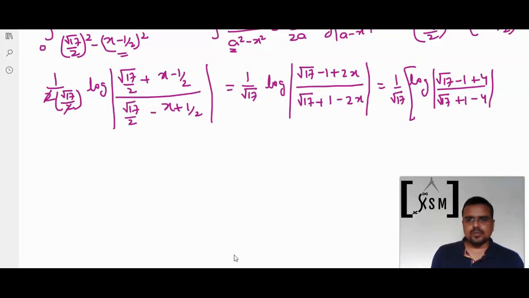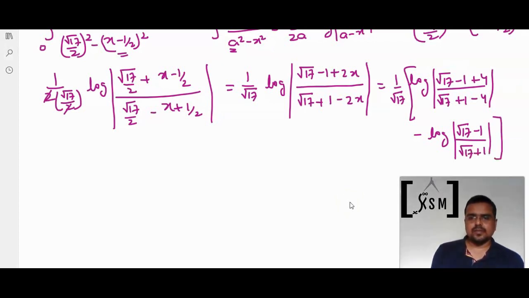And then I will put 0. So minus log of root 17 minus 1 over root 17 plus 1, right? We did upper limit minus lower limit.